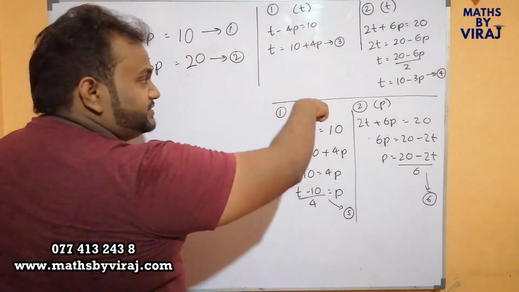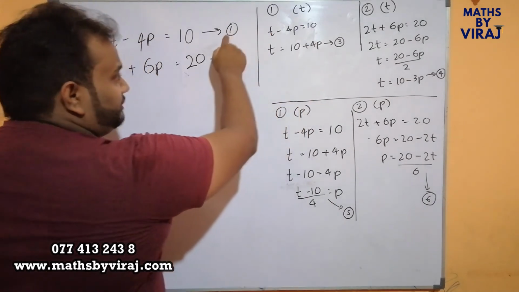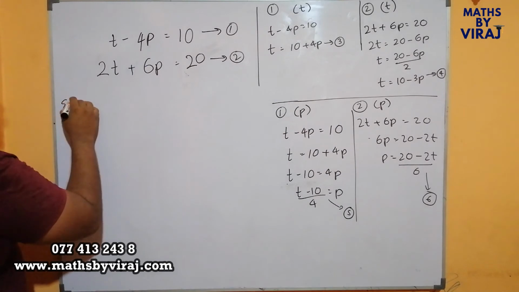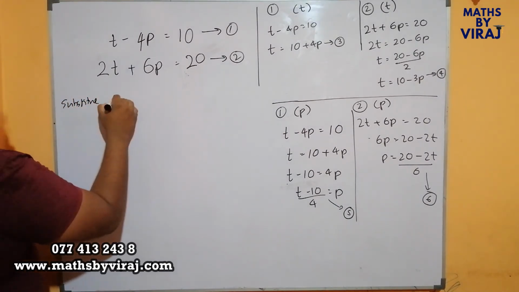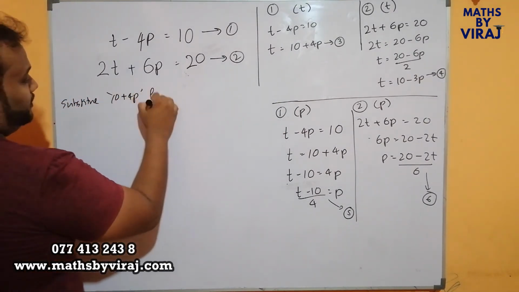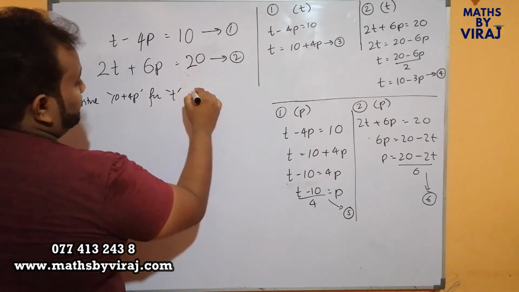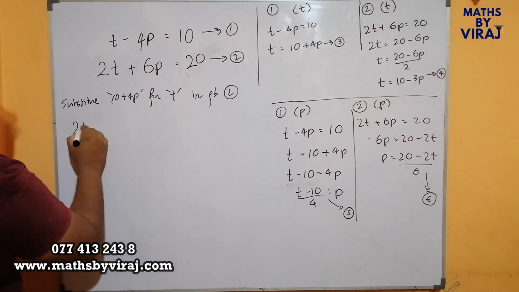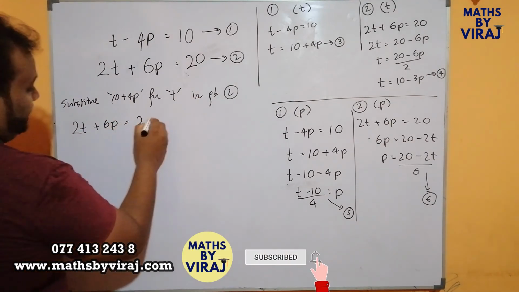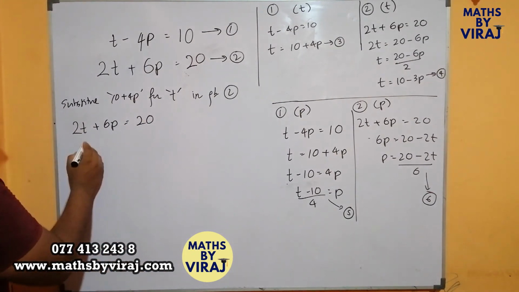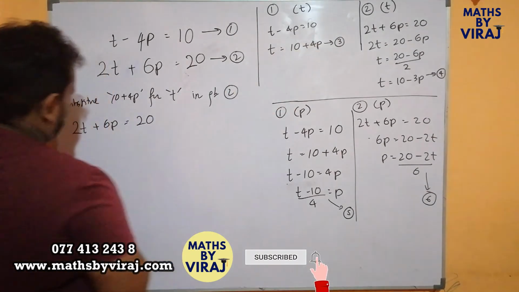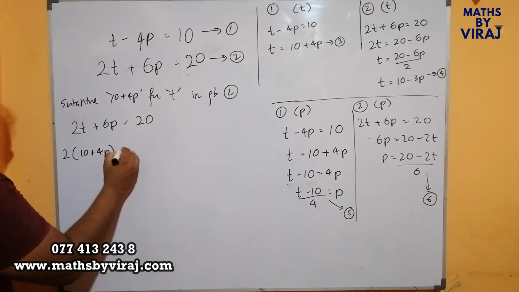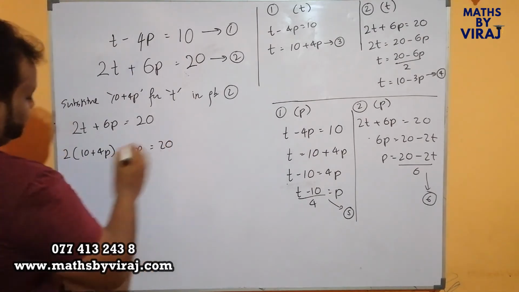Now substitute 10 plus 4p for t in equation 2. 2t plus 6p is 20. Instead of t, I am going to substitute 10 plus 4p. Therefore, 2 times (10 plus 4p) plus 6p is 20.